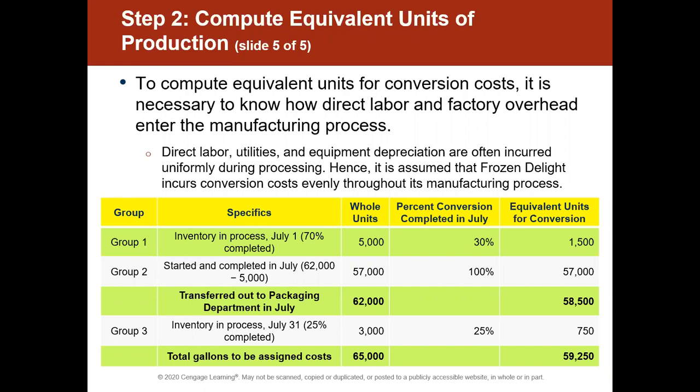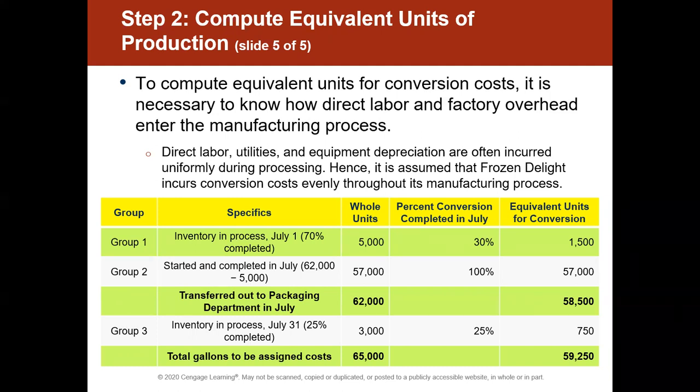Right. So to do the equivalent units of production for conversion costs, the same thing. We have to know how the direct labor and overhead are applied. So for this company, direct labor, utilities, and equipment depreciation are often incurred uniformly during processing. Hence, it's assumed that Frozen Delight incurs conversion costs evenly throughout its manufacturing.